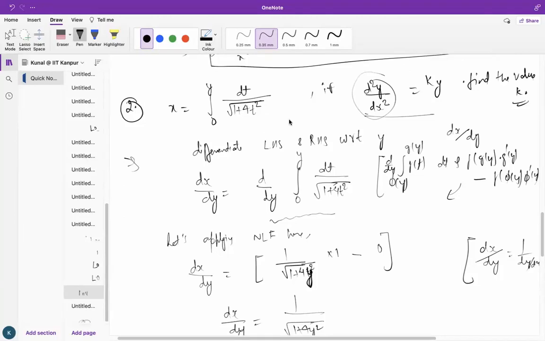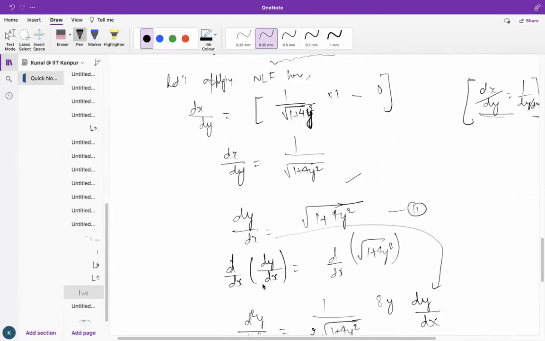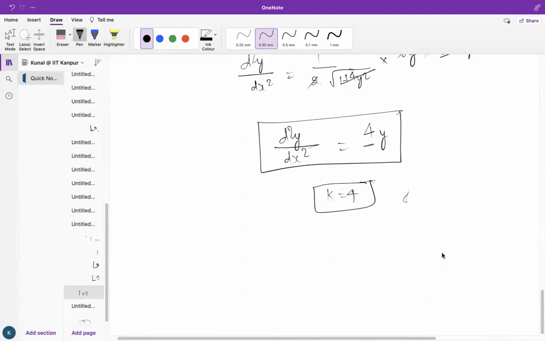So we first differentiate with respect to y, and then we use the concept dx by dy is equal to 1 by dy by dx, and then we get dy by dx, and then we again differentiate with respect to x. So we get the following as our answer. I hope you all understand what I'm trying to say.